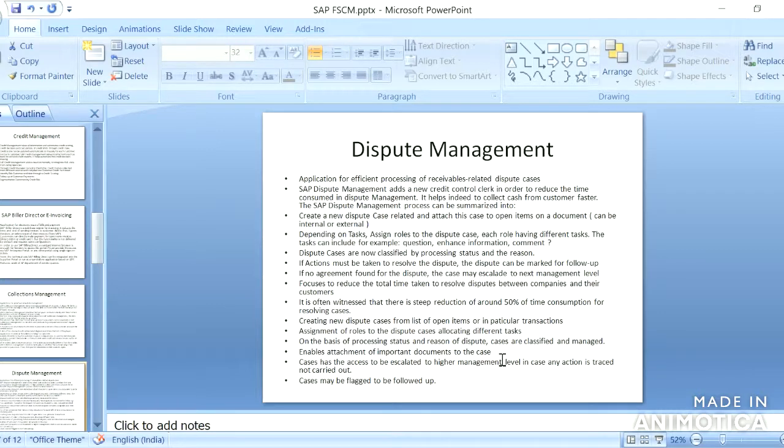Even we will attach important documents which we have received to that particular case. Cases can be escalated to a higher management level in case any action is not carried out. Cases may be flagged to be followed up. So these are all the many steps which they follow in dispute management.